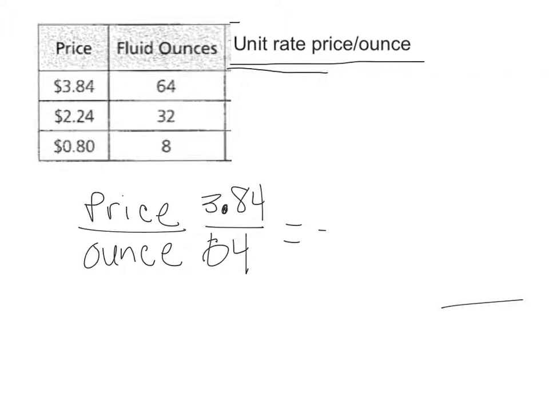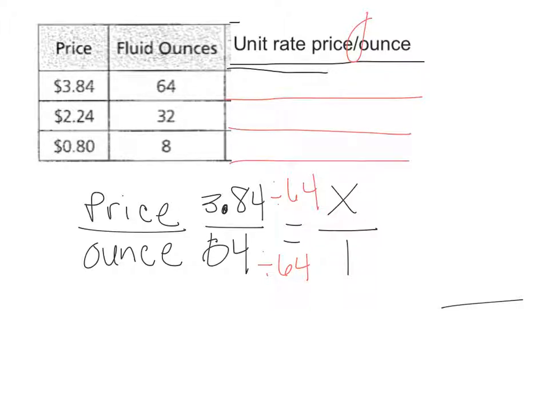So if we want to find the unit rate, that would be x over 1, which essentially means we're going to be dividing by 64 anyway, which is what we would do here. Take the price, divide by the ounces. So we are going to do that right now. Pause the video. I want you to find the unit rate for each ratio in the table. And by the way, when I check your homework to see if you did the notes, I'm going to expect to see work.